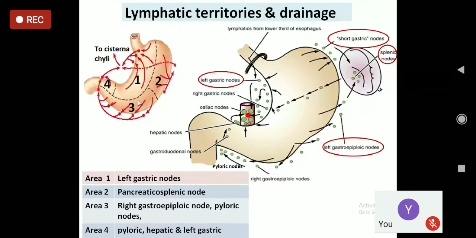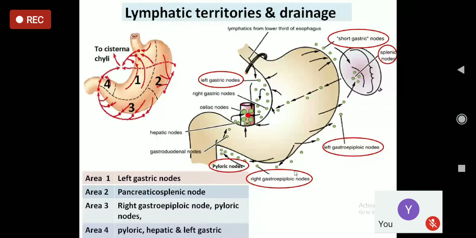Area number 3 includes the lower two-thirds of the greater curvature, including the pylorus also. From this part it drains along the right gastroepiploic vessels into the right gastroepiploic lymph node and then the pyloric node also.